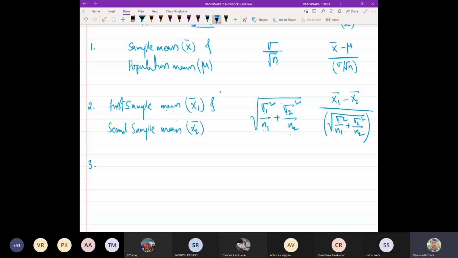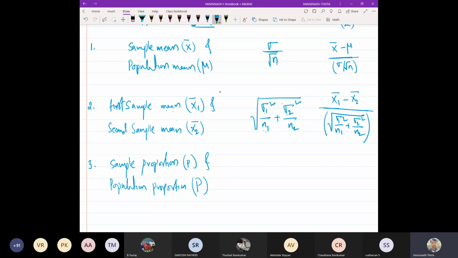Now the third one. The third one is interestingly something called sample proportion and population proportion. I will explain this one. Sample proportion is generally represented with a small p, and population proportion generally represented with capital P. Okay.